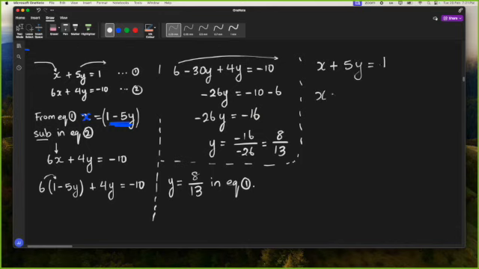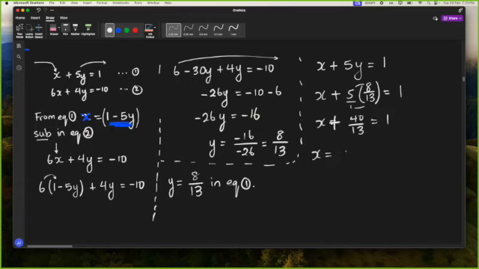That means x plus 5 brackets 8 over 13, that is equal to what? 5 eights are 40. You're multiplying your brackets, so you multiply your numerators and your denominators, right? Multiplying fractions. So 5 eights are 40 over 13, and that is equal to 1.